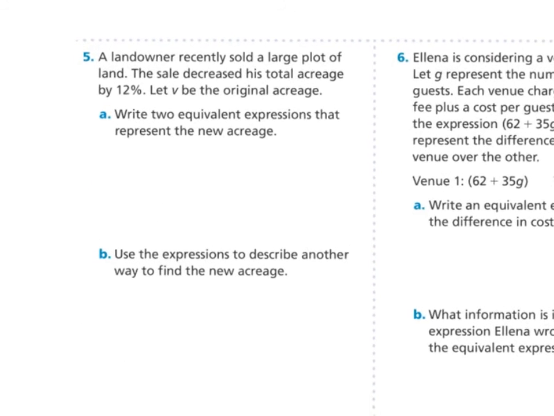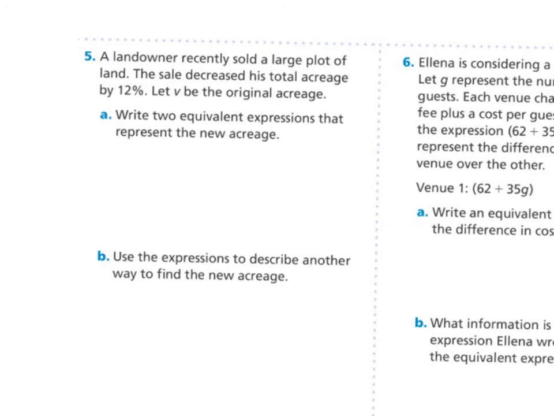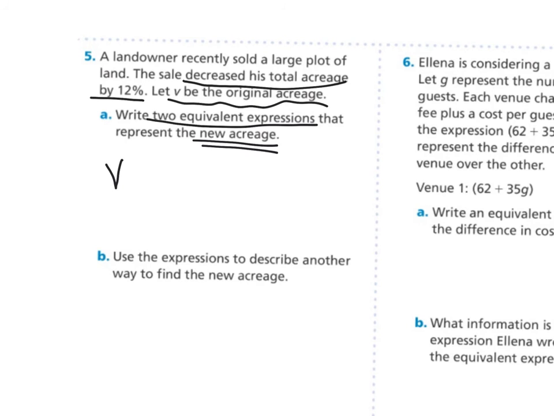Number 5, a landowner recently sold a large plot of land. The sale decreased his total acreage by 12%. Let V be the original acreage. Write 2 equivalent expressions that represent the new acreage. So one way we could think about it, we had V as our original, and then we decreased it by 12%. Well, that 12% is 12% of our original.